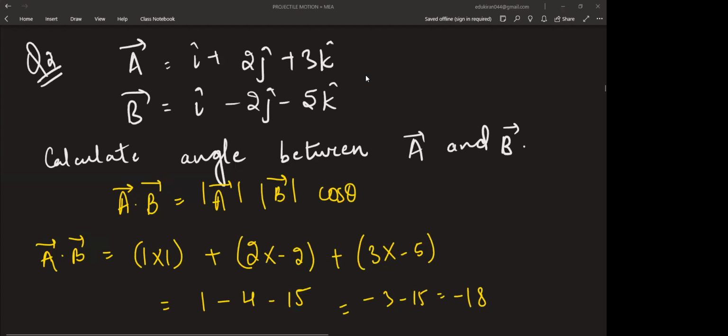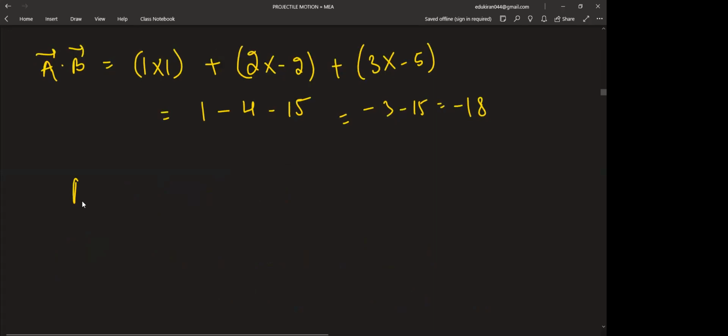See, it is the under root of the coefficient of I square plus coefficient of j square plus coefficient of k cap square. So 1 square plus 2 square plus 3 square under root.